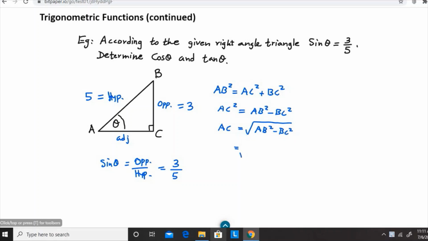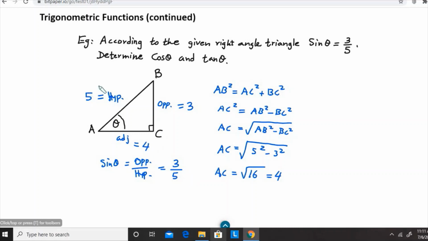So I'll make the substitution now. AB is 5, so I have 5 squared. BC is 3, so I have 3 squared. And the square root of that entire thing is equal to AC. So AC is 25 minus 9, so that is 16. So I'll have square root of 16, which is 4 units. So AC is going to be 4 units.